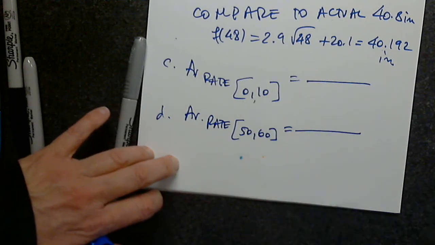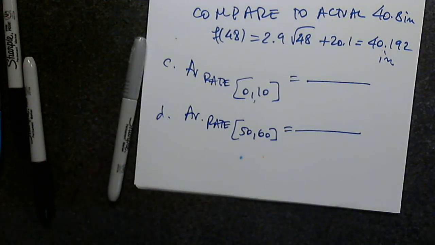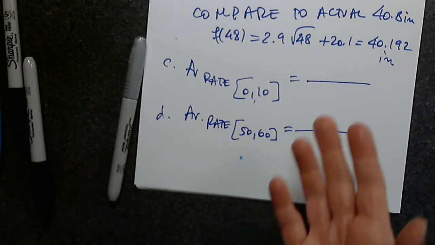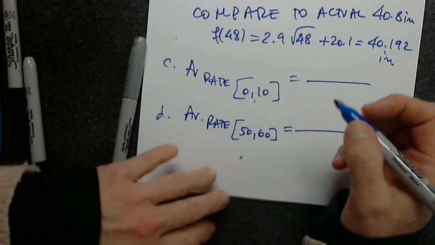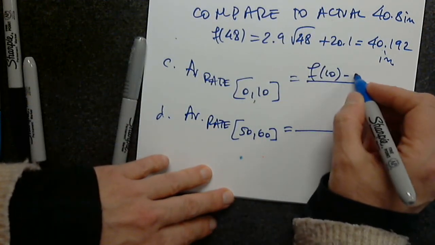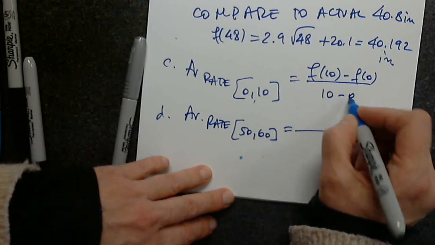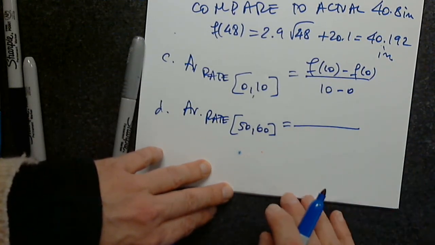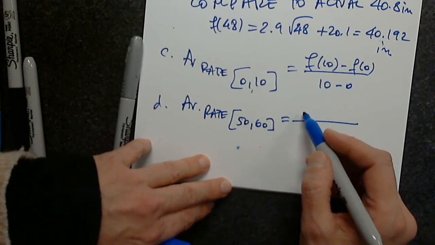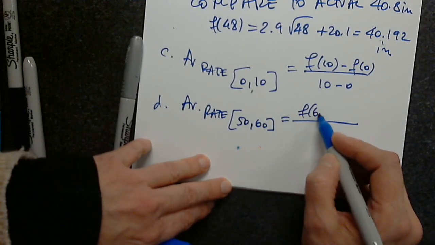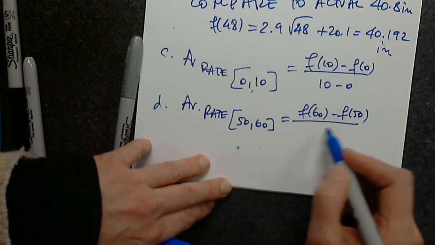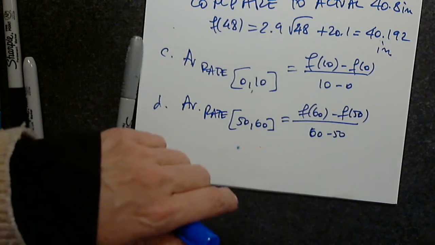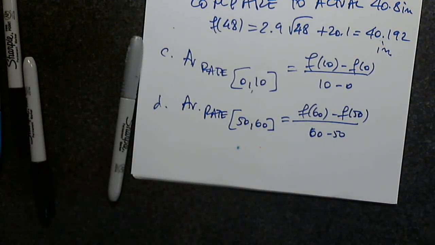Remember, the average rate of change is a ratio. And of course, the top will be f of 10 minus f of 0 over 10 minus 0. And can anyone dictate the second one? f of 60 minus f of 50 over 60 minus 50. That's it, the slope of the line going through those points. Excellent. So now let's plug in all these numbers.